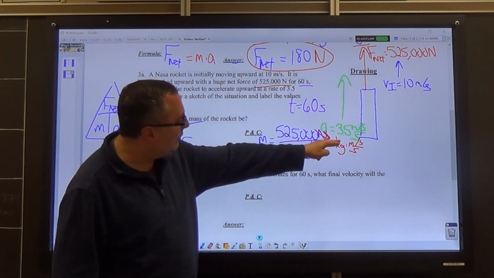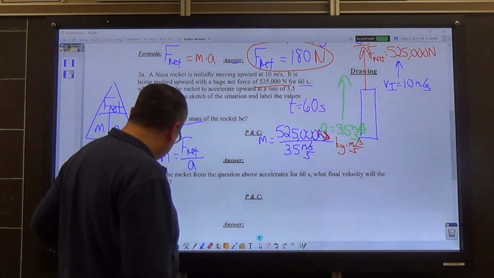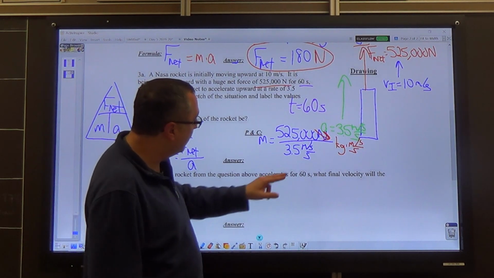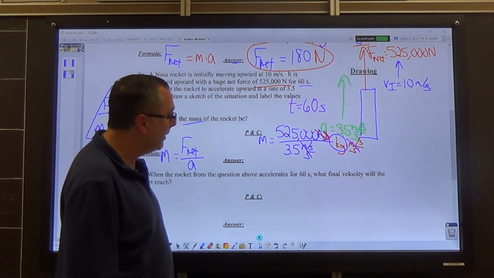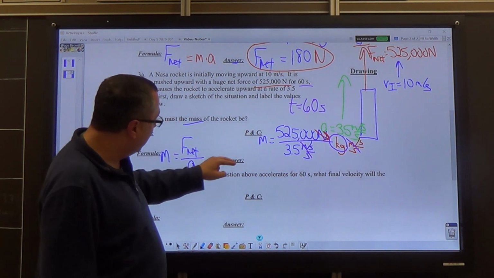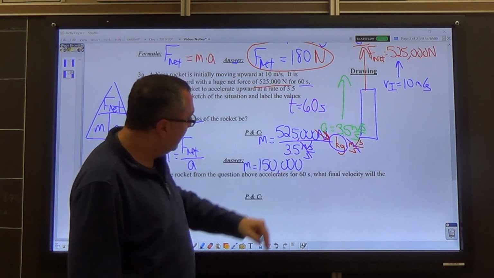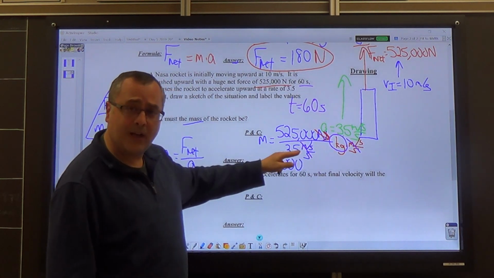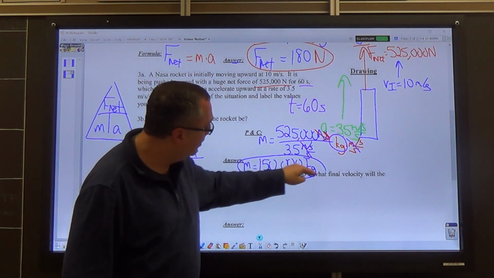So when you take these units and divide by those units, we're hoping that you see that they do cancel out, and all you have left is kilograms. So when you divide the numbers, you get the answer of 150,000, and then the units, after those items cancel out, all we have left is kilograms, so there is your units.